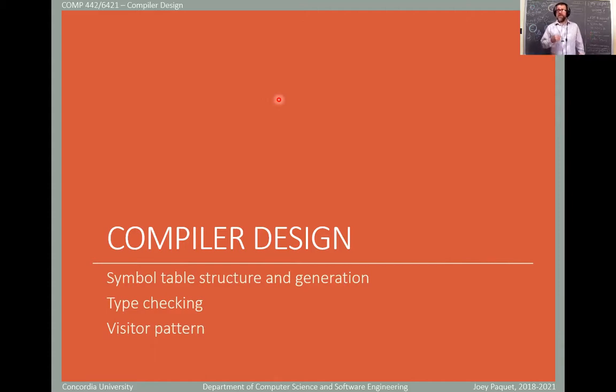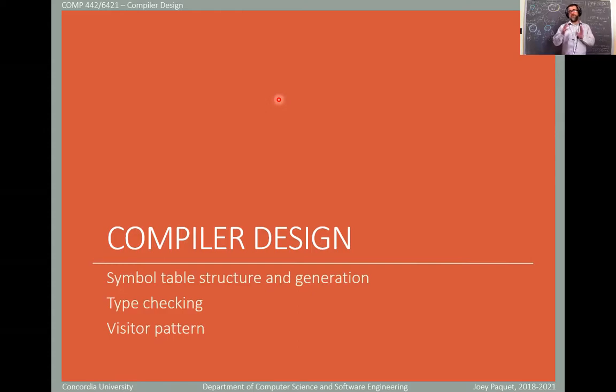So that's why the assumption I make here is that you have an abstract syntax tree, and that we're traversing the tree after it's been generated by the front end, which is driven by the parser.